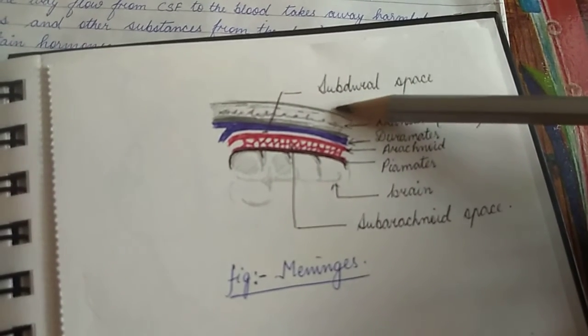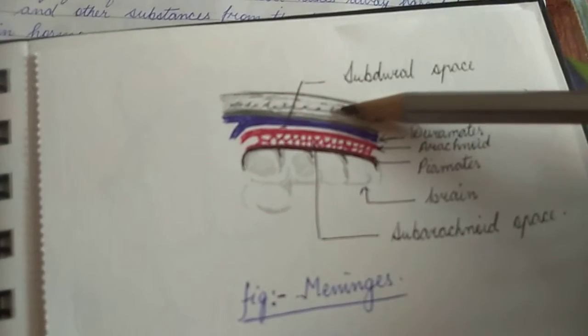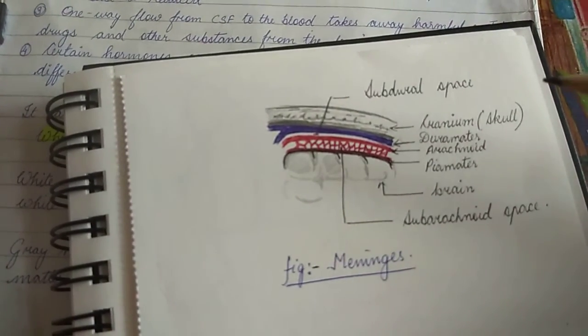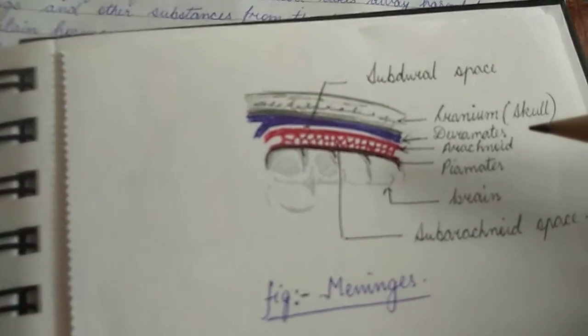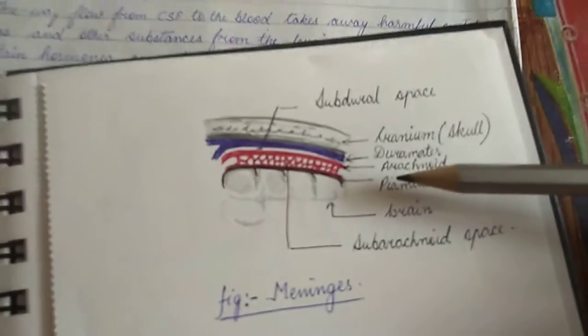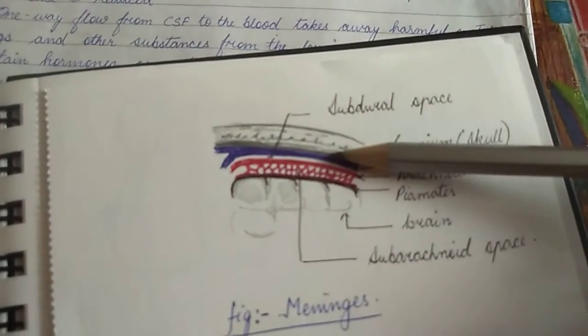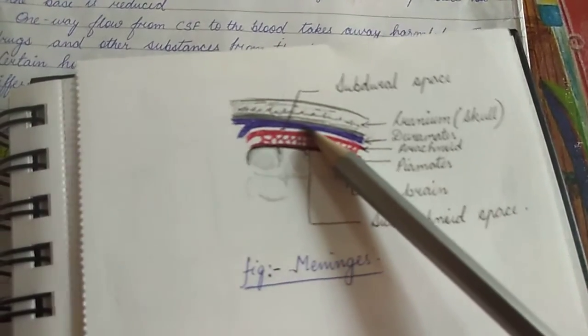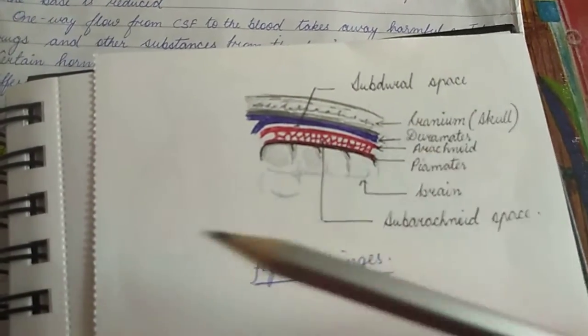Its outer surface remains adhered to the inner surface of the cranium. Here, the blue part, as you can see, is the dura mater.